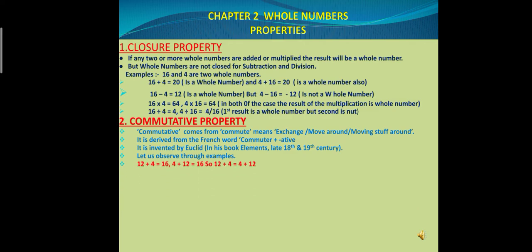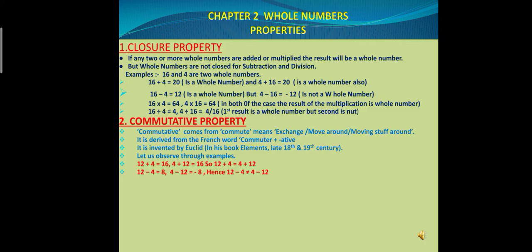Commutative property in case of addition, 12 plus 4 equal to 16, 4 plus 12 equal to 16. 12, 4 and 16 all are whole numbers, and the result we are getting is also a whole number in both cases. So 12 plus 4 equal to 4 plus 12, it can be written as a plus b equal to b plus a.